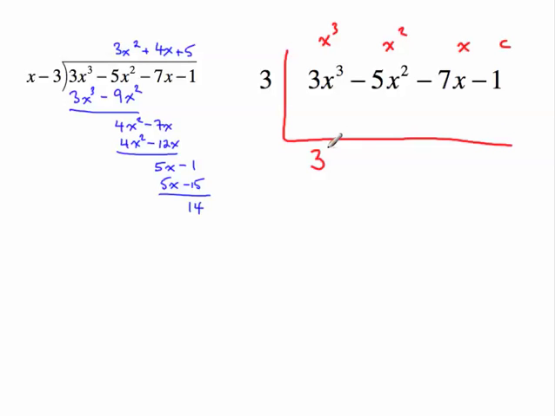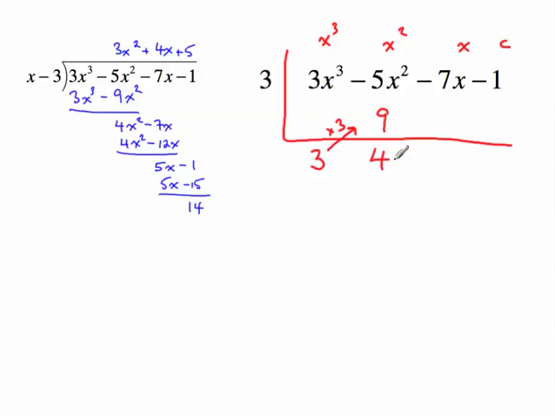Now, you're going to carry that up here and multiply it by this number. So I'm going to multiply 3 by 3, which gives me 9. Now I want to add, not subtract as I did in long division, but add negative 5 to positive 9. That's going to give me positive 4.